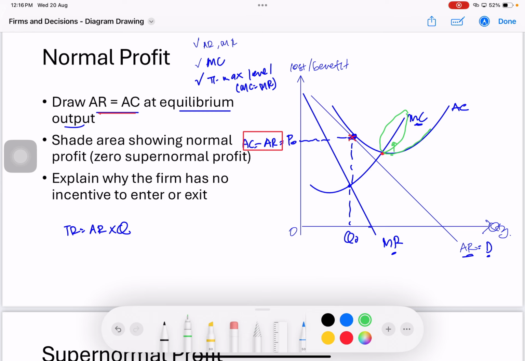So this is where, when the average height is below, so I use another color, when the additional height coming in is below the average height, the average height is downward sloping.